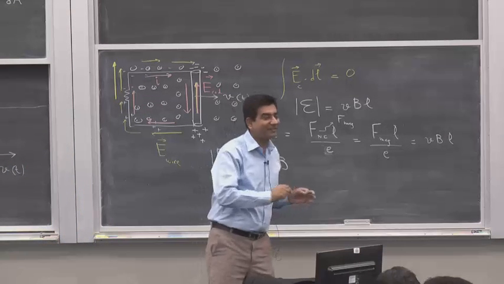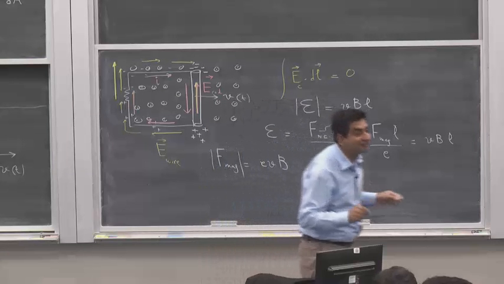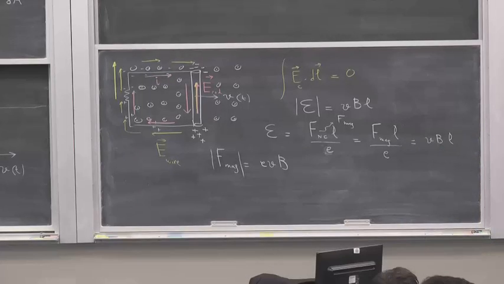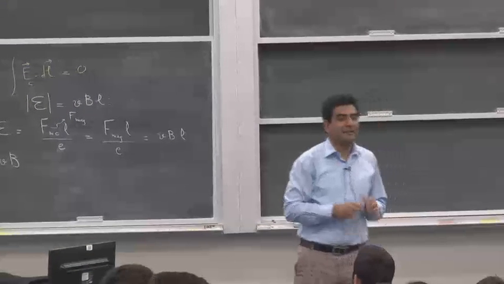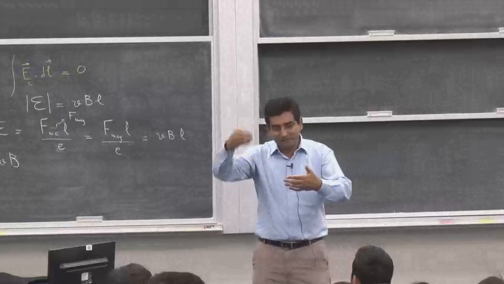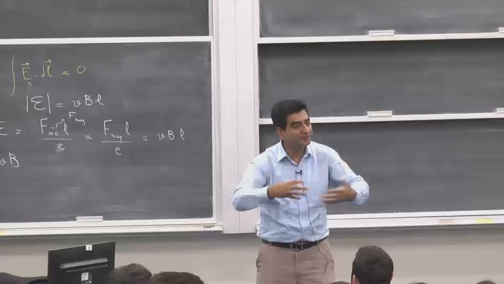Whenever you have a current carrying conductor placed inside a magnetic field, will it experience a force? We have even seen demonstrations where there is a magnetic field and a current carrying conductor passes near it, it gets deflected, it experiences a force.